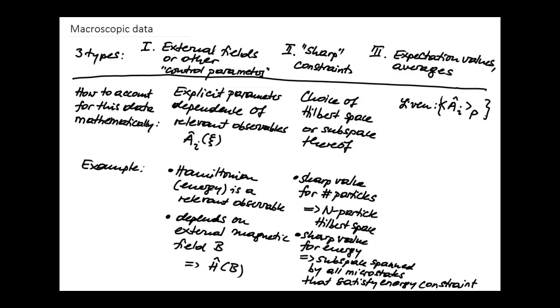You want to choose a density matrix that gives the correct expectation value for the energy, the expectation value of the Hamiltonian. This is just one number, this one expectation value.